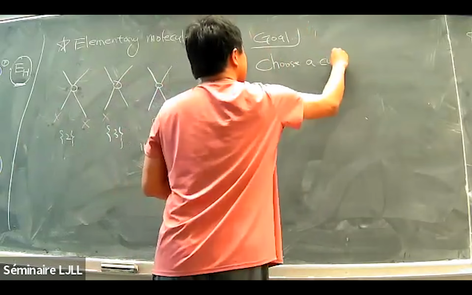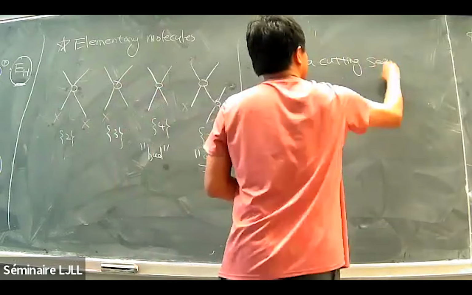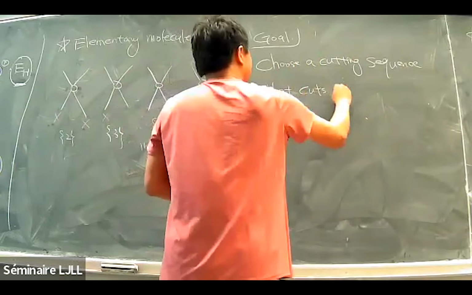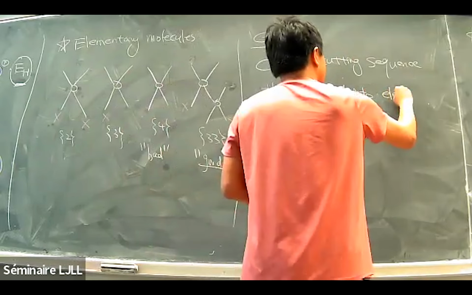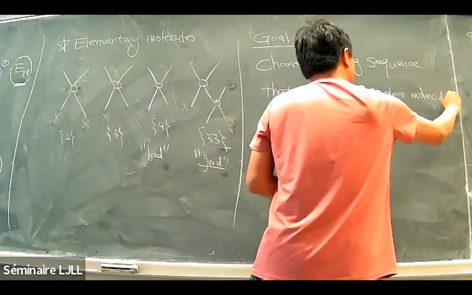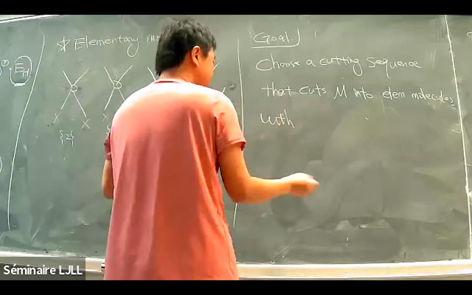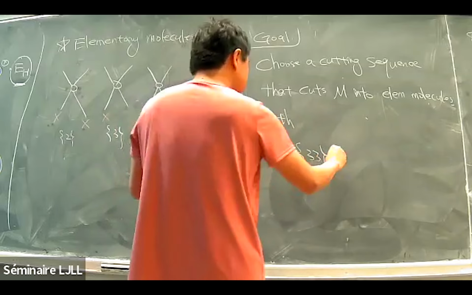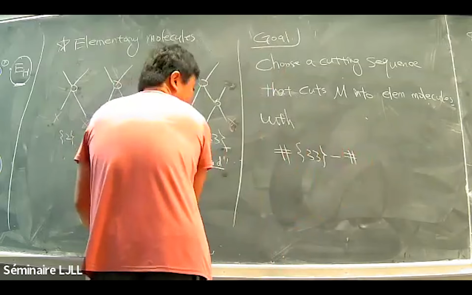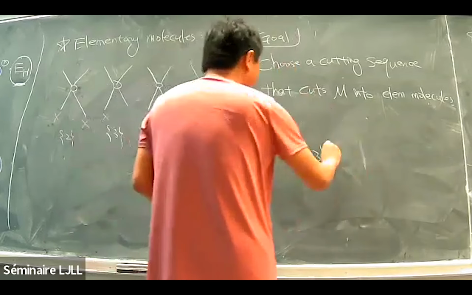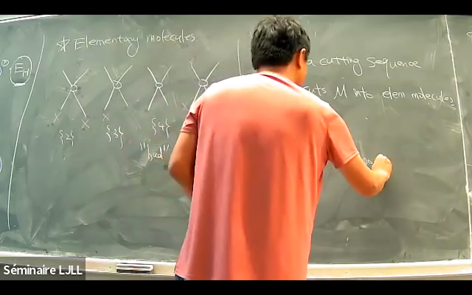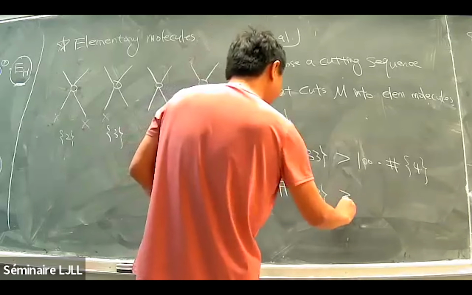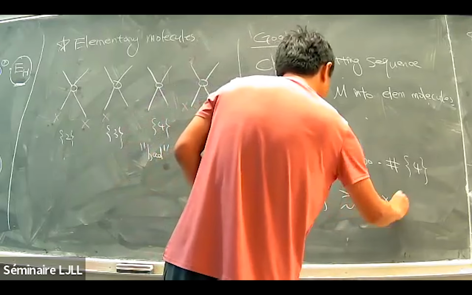Choose a cutting sequence that cuts n into elementary molecules, such that the number of good objects is bigger than a large constant, let's say 100 times the number of bad, and the number of good is also bigger than the maximum L of epsilon.